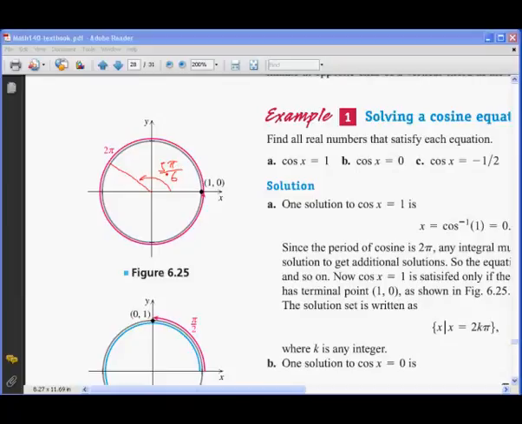So now, how can we find another specific solution for this equation between 0 and 2 pi? Actually, if you draw the vertical line, a perpendicular through this point, then you have another intersection here, right?